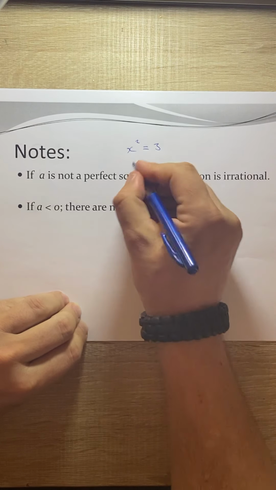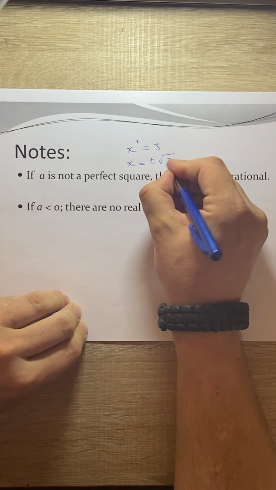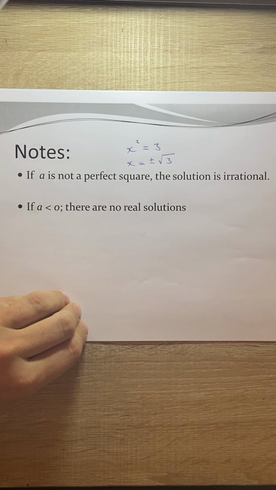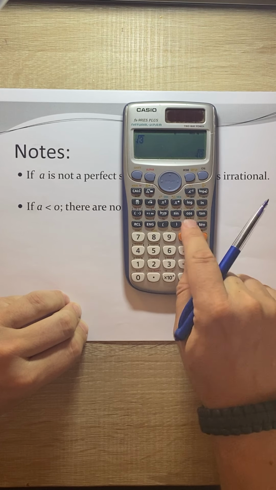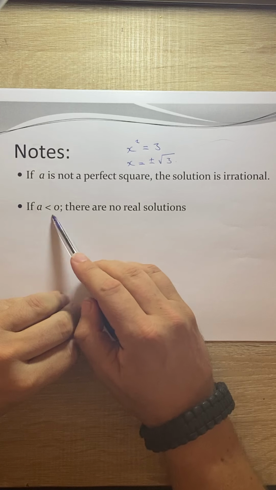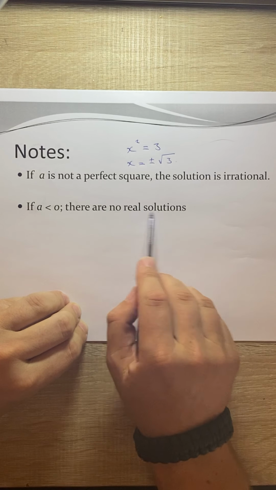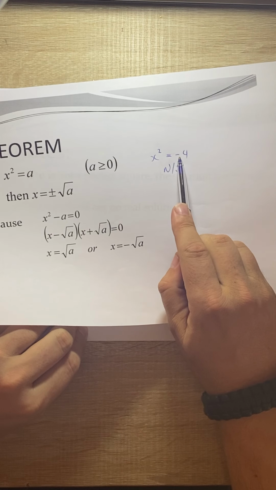So I get here x is equal to plus or minus the square root of 3. The solution is irrational. We know that because the square root of 3, you can see, is an irrational number. Okay? If a is less than 0, there are no real solutions. And that's basically what I said over here. Okay, if it's less than 0, then it's no solution.